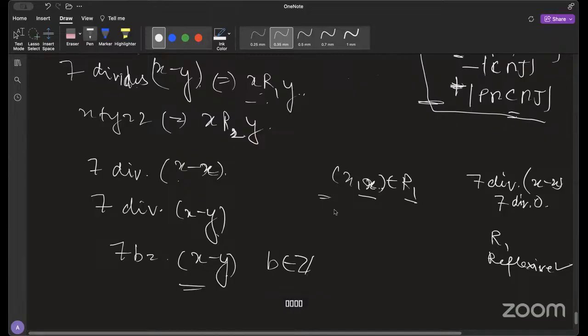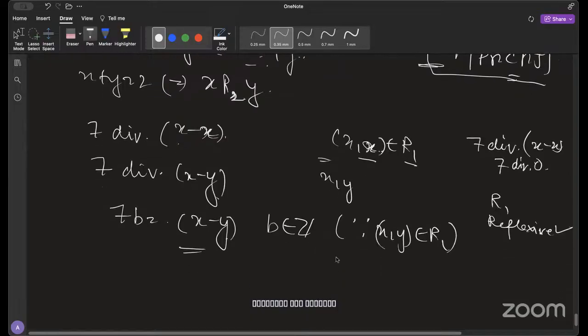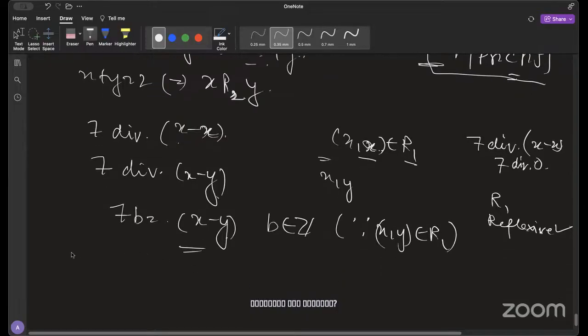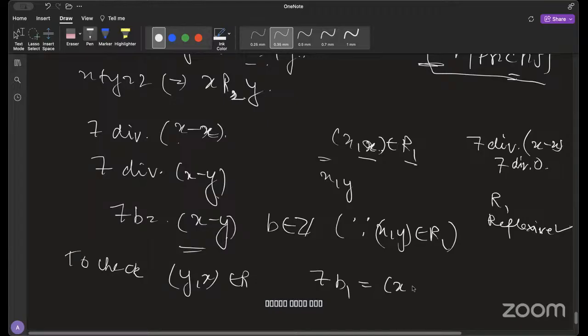And now you know that XY is in this relation, and you want to check if YX is in the relation or not. So for YX, you need a B1 such that 7B1 is equal to Y minus X. So you can take B1 to be equal to minus B, right?